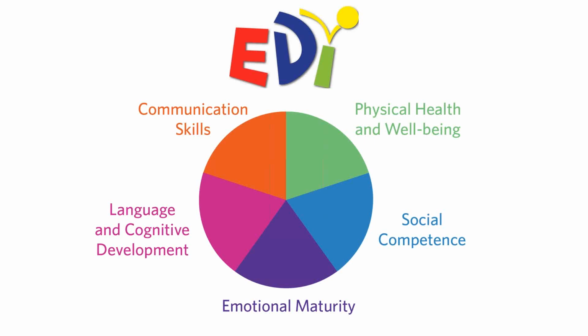We really like the EDI because it is a holistic measure of children's development. It doesn't focus on just the traditional academic competencies, reading, writing, and arithmetic, but really does give us a holistic picture of how children are doing when they enter kindergarten.